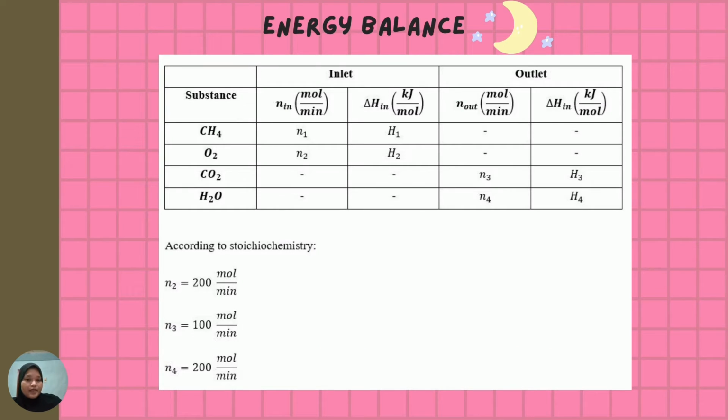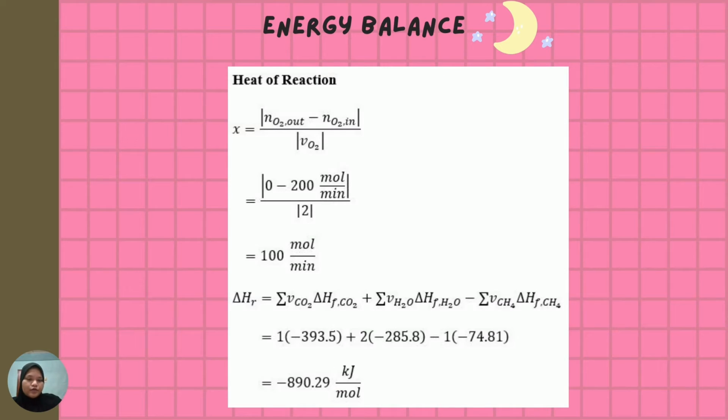The first thing is I create this table, and then according to stoichiometry, which is the equation, we can see that N2 is 200 mole per minute, N3 is 100 mole per minute, and N4 is 200 mole per minute. So for the heat of reaction, I use this formula and I got 100 mole per minute, and the heat of reaction is negative 890.29 kilojoule per mole.